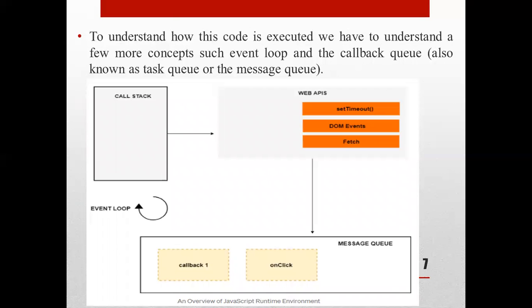To understand how this code is executed, you have to understand some concepts like the event loop, callbacks, and the callback queue, that is the message queue, also called the task queue, and web APIs. Here you can see the call stack, where we are going to push the method. The message queue contains callbacks and events. These are the web APIs we are going to use.